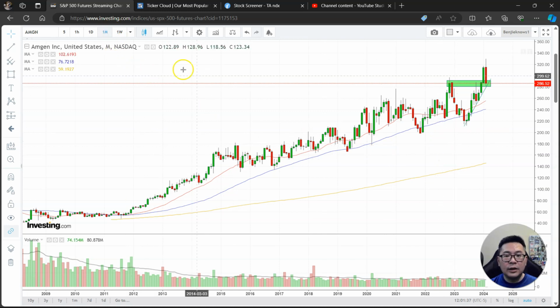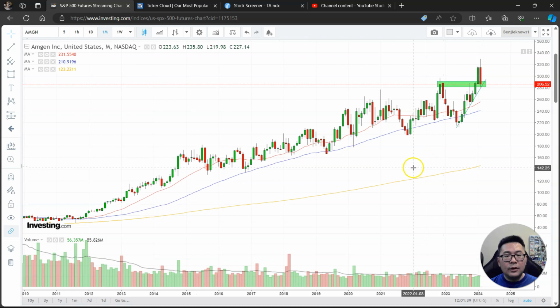This is a monthly chart, and what does this tell you? It's been moving from lower left to upper right, and this is a high quality kind of investment stock where you buy, just forget about it for months, because it's chugging higher. The reason why the stock chart is moving from lower left to upper right is because the company is making money. Generally it's like this, and it's a Nasdaq 100 stock.